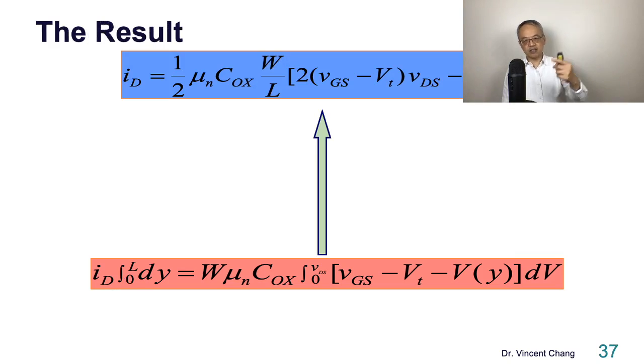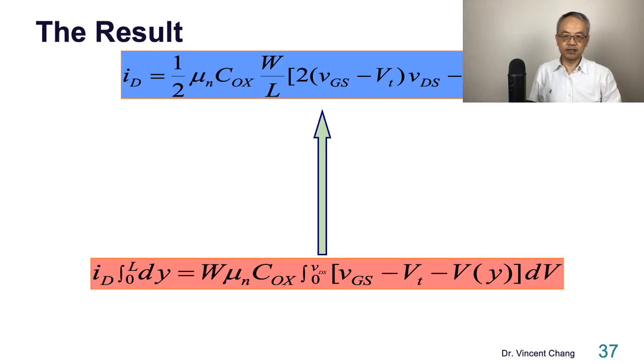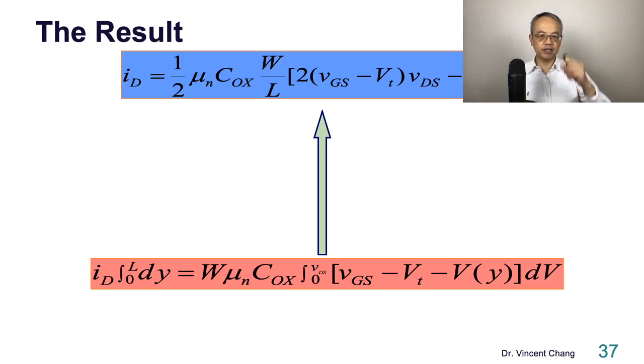If you learned the calculus before, this is quite easy. The left hand side is ID times L. On the right hand side, because of dV, VGS minus VT can be treated as a constant. So VGS minus VT times VDS, minus V is a variable, so V squared divided by 2. Plug in the upper bound, VDS squared divided by 2.